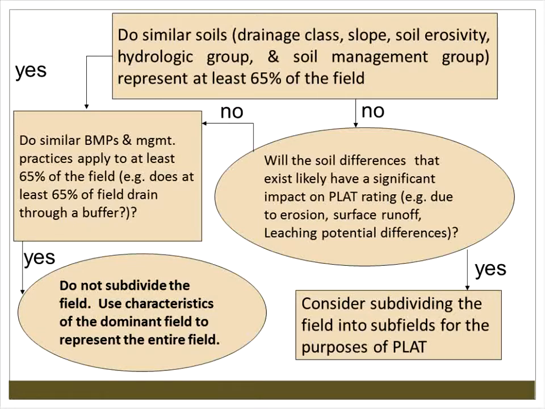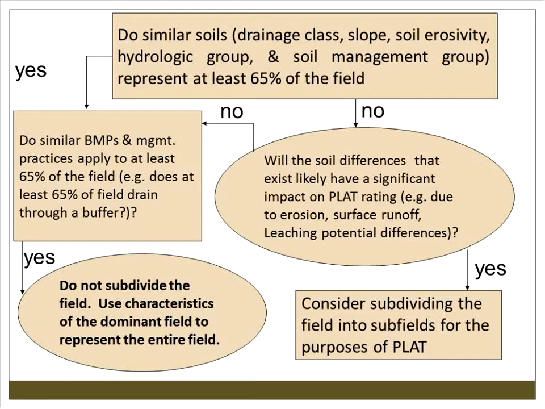So if you have similar soils in your field, do you have similar conservation practices and management? Typically this is true because our fields are so small, it's very unusual to have different kinds of management. If the answer to all these questions are yes, just keep the field together, you don't have to split it up.